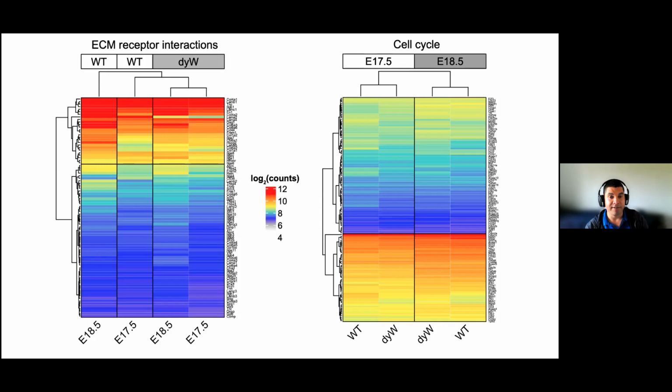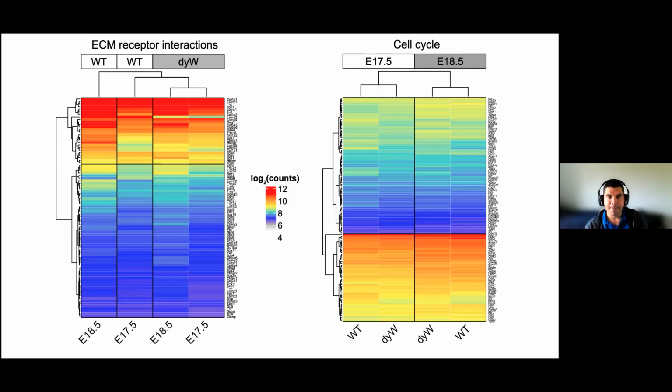In terms of the genes that encode for those proteins, we are seeing a strong signature for a difference between our wild type and our DYW model. And as far as what the cells are doing, this is something that we're still investigating.